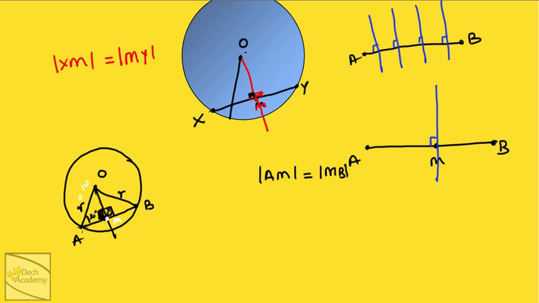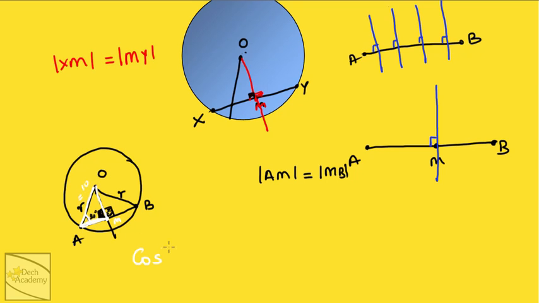From SOHCAHTOA, you can easily work out the length of AM. I'll do that here actually. So let's see, sine, cosine, tangent. Cosine works here. So the cosine, this angle here is 30 degrees. So I'm focusing on this right angle triangle here.